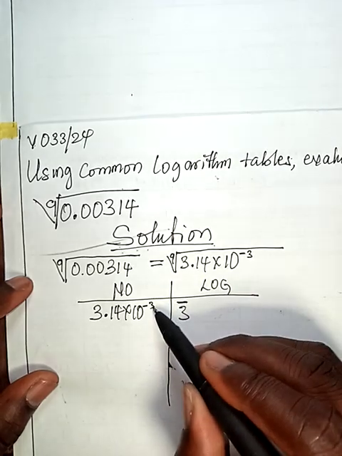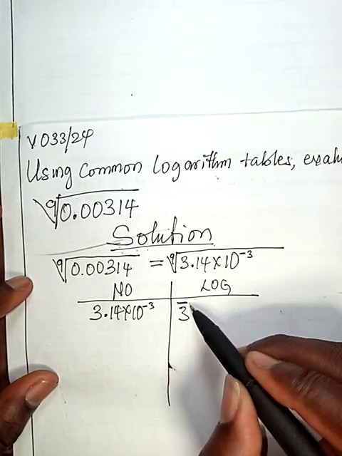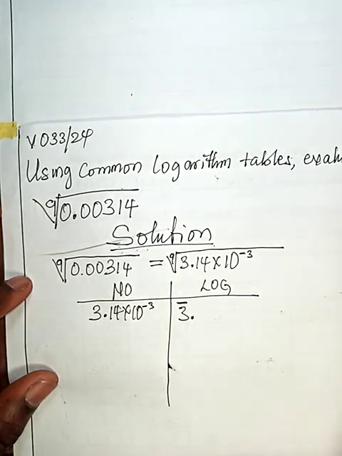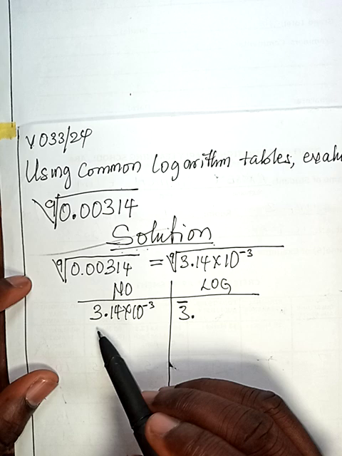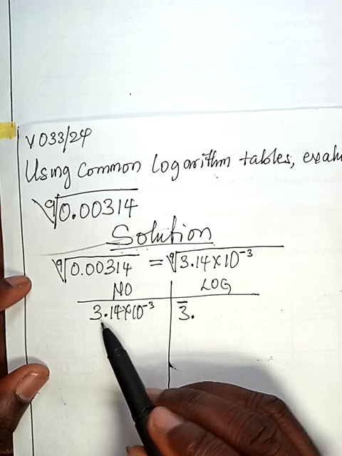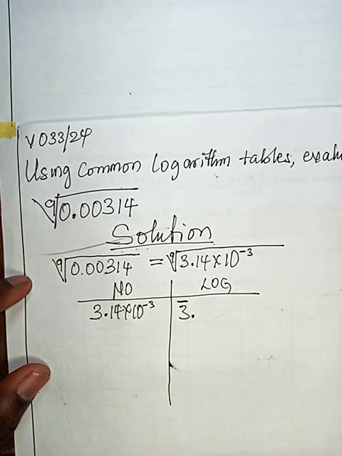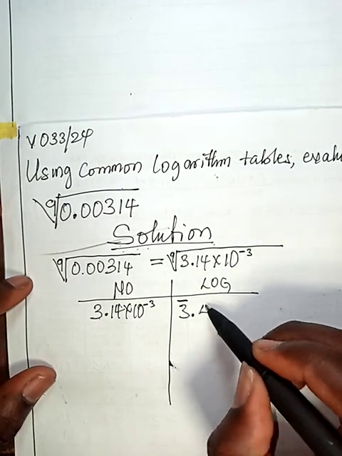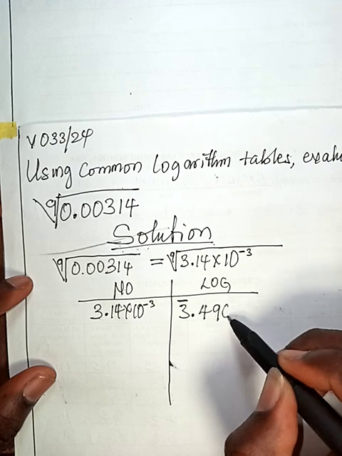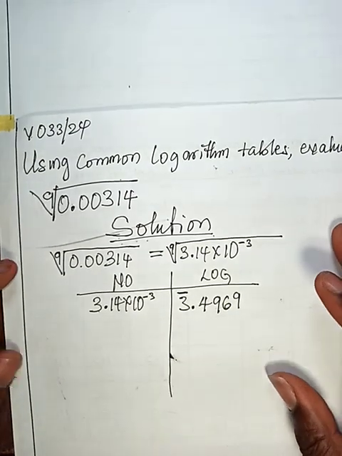Where did the bar come from? That's negative 3, and then point, then the common logarithm, or the logarithm of 3.14 to base 10, is 4969. I did this with a calculator.